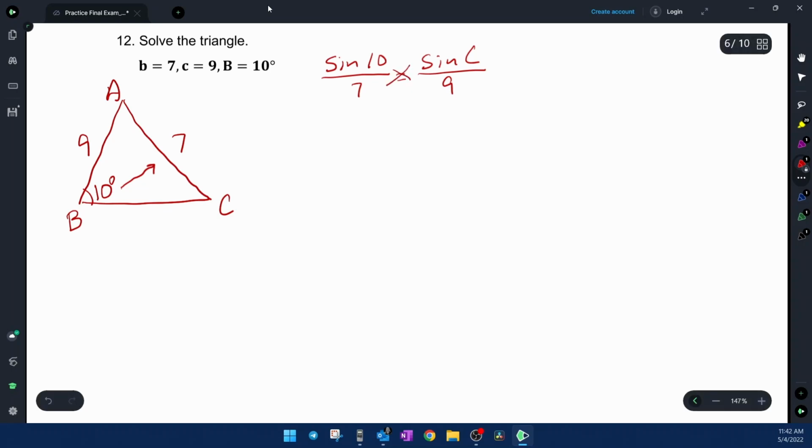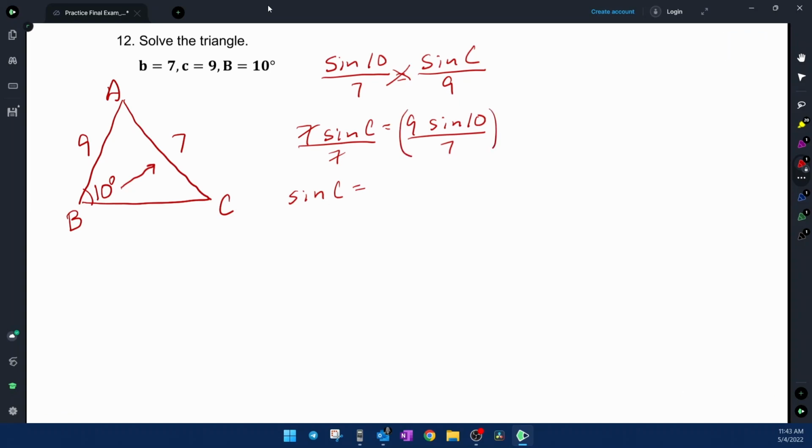Doing our cross multiply, that's going to give us 7 sine C equals 9 sine of 10. Dividing both sides by 7, we will have sine of C equals, and then to calculate this value, we need to go to our calculator.